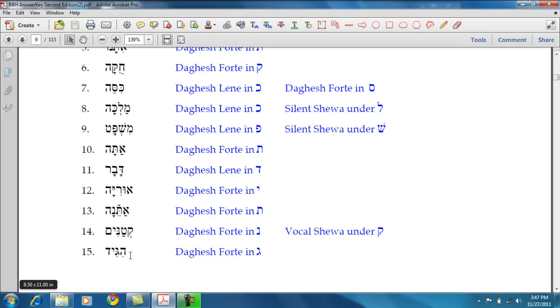And then hagid. You have a gimel, and that's a begadkefat letter. It could be a lene, but it's not a lene because it's following a vocal vowel, a hirik, a short vowel here. So one gimel closes this syllable, and another gimel opens the other syllable.